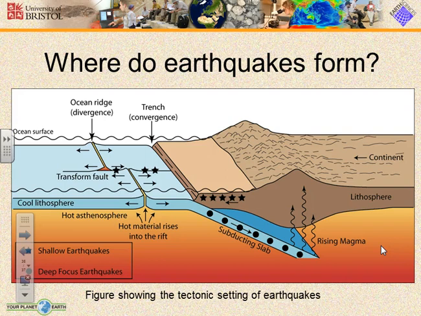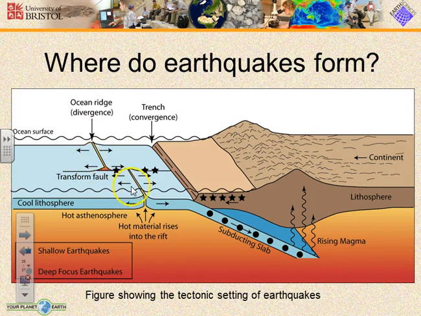I want to use this as somewhat of a review. Okay, let's look at it. Here you've got oceanic to oceanic crust at a divergent boundary. Think about what happens there and what is formed. Hopefully you said a mid-Atlantic ridge.